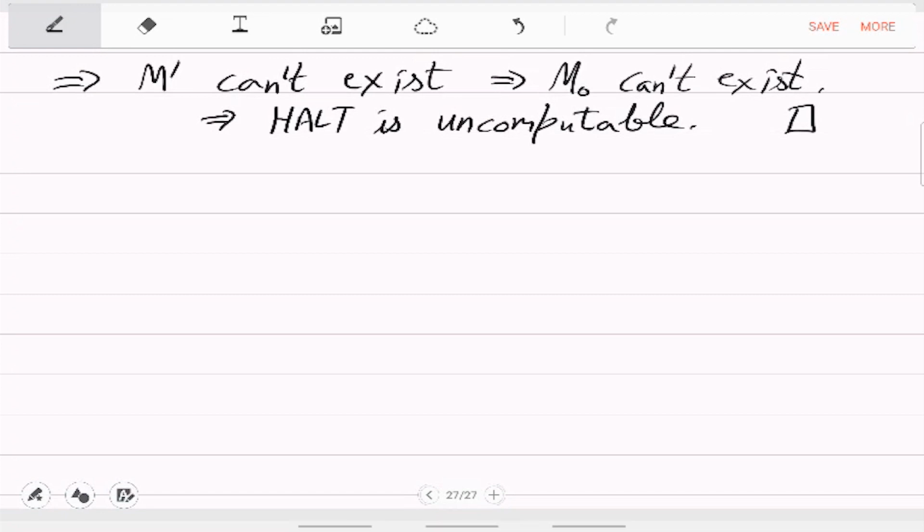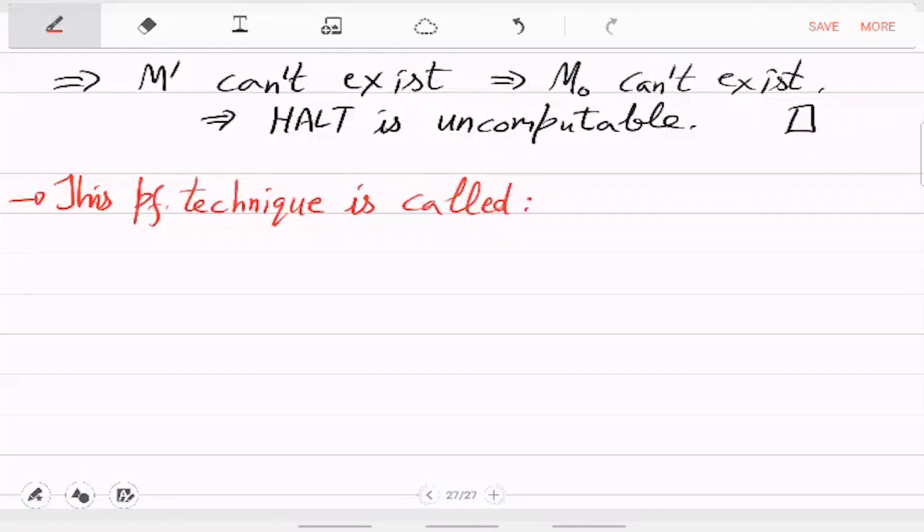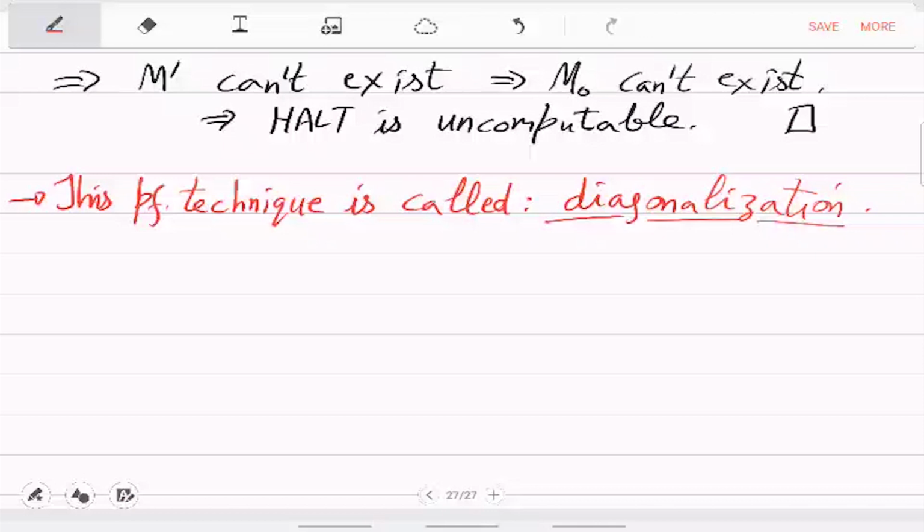So, this proof technique is called the diagonalization argument. Why is that? What is the diagonal here? Okay, so to see that, draw this picture.